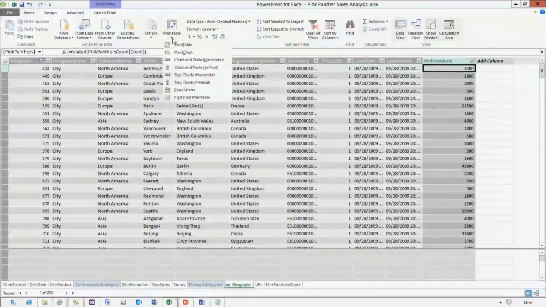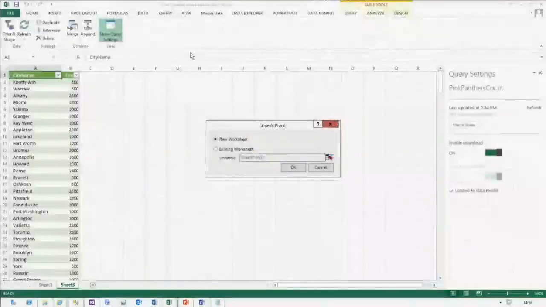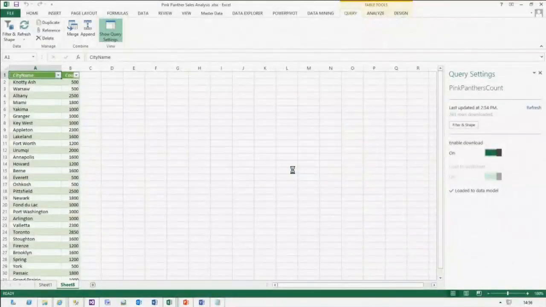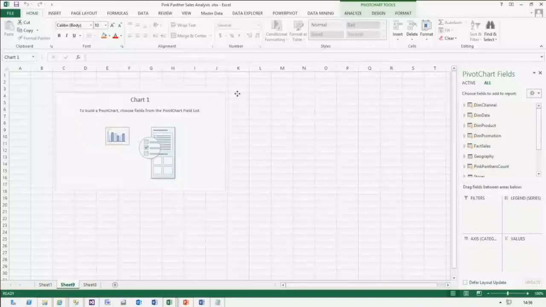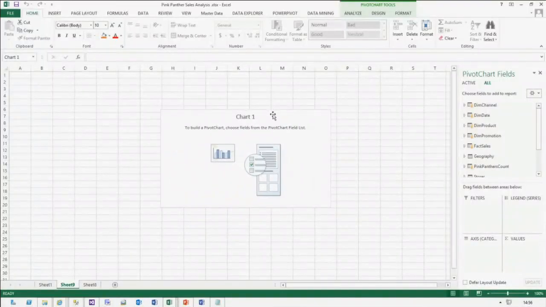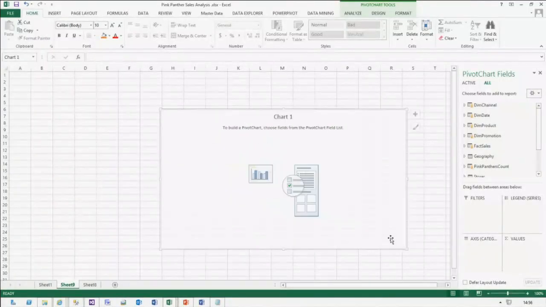Now I want to correlate this data with the information I have. And I'm going to create a pivot chart here. Let's move the pivot chart a little bit for the analysis.